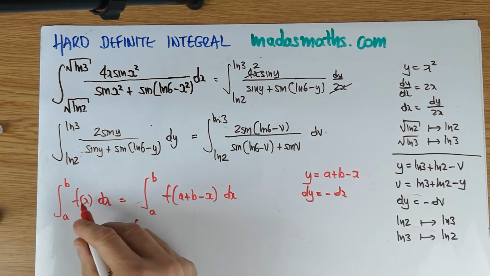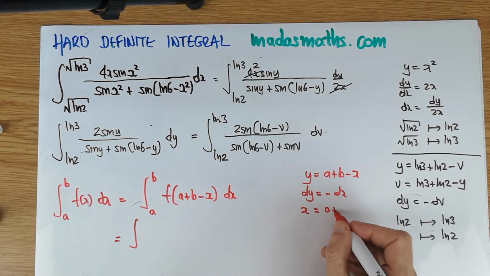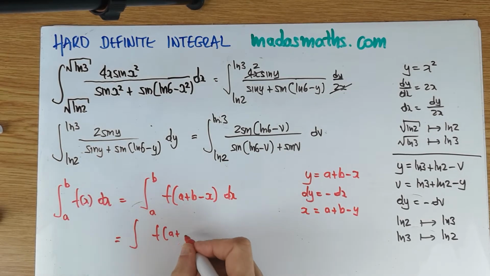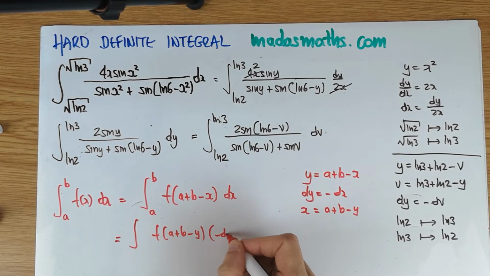First of all, the x will become, because it's symmetrical, x is a plus b minus y. So that's f of a plus b minus y. The dx will become a minus dy. So let's put it as minus dy there, so we don't lose track.